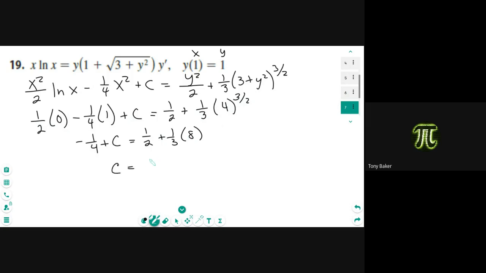So c equals 1/2 plus 8/3 plus 1/4, which is 41 over 12.